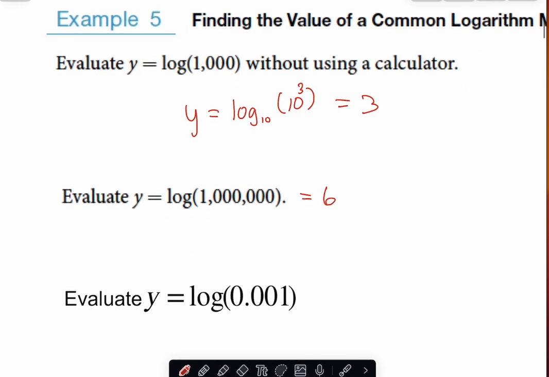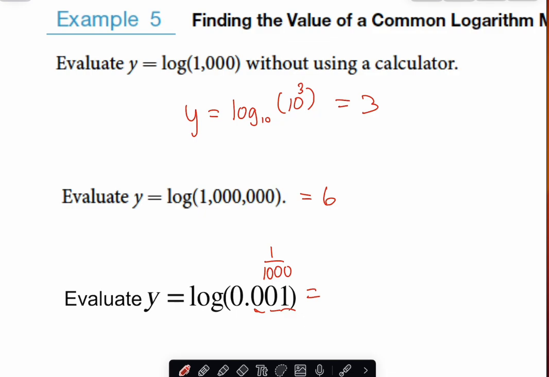Now, for decimals, this only works if there's ones and it can't be any other number, but 0.001, that's 1 over 1,000. There are 3 decimal places. Remember back when we were learning place value in elementary school: tenths, hundredths, thousandths.